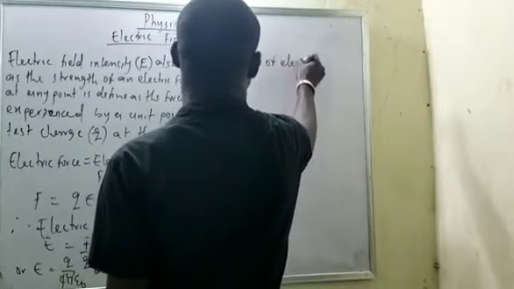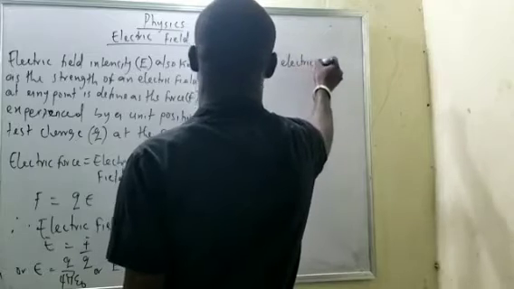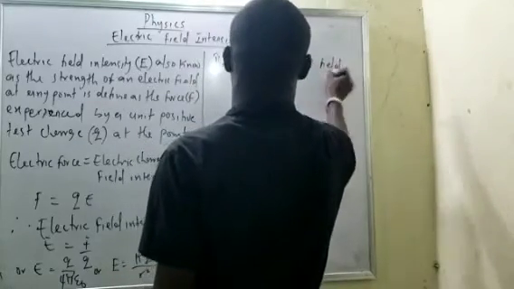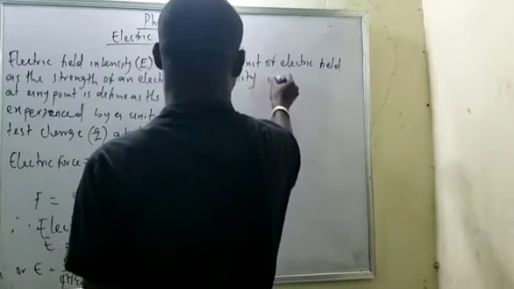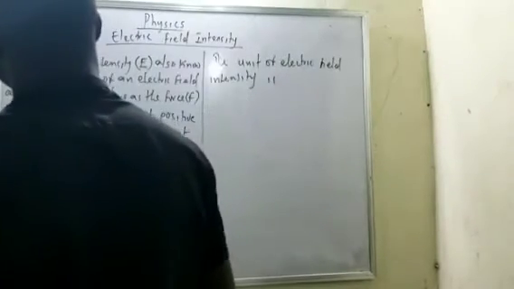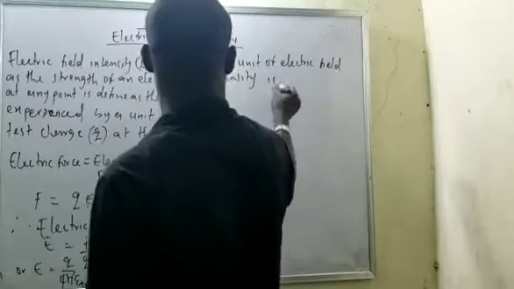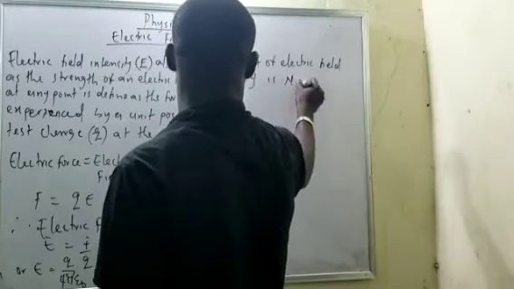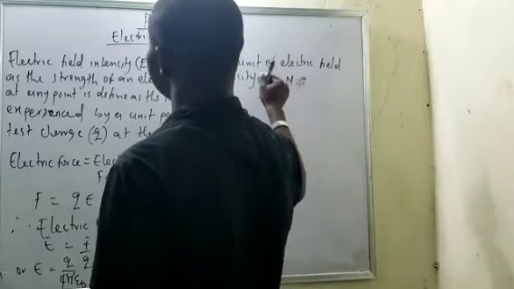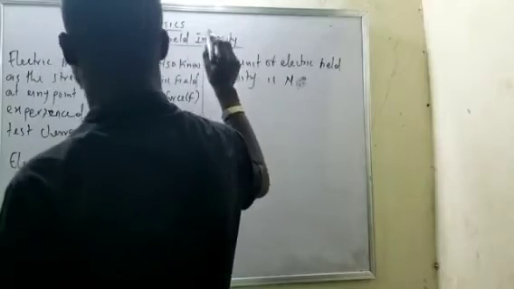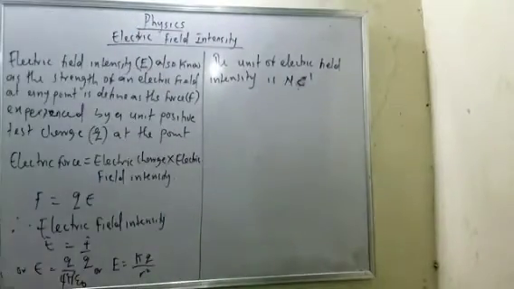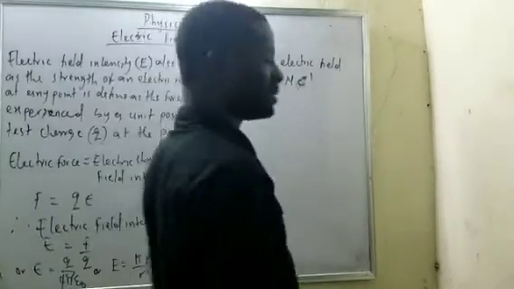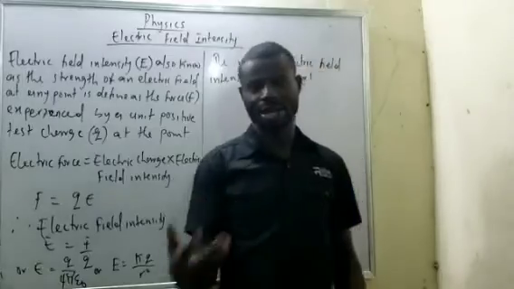The unit of electric field is Newton per coulomb. Newton per coulomb. Please take note of that. That is what I know about electric field.